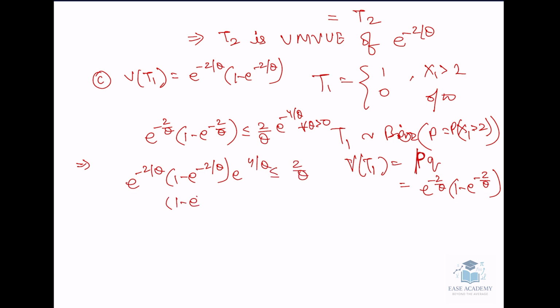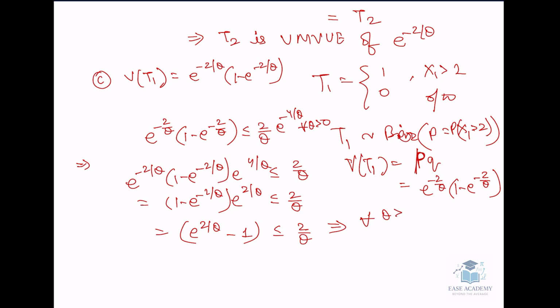That is 1 minus e to the power minus 2 by theta times e to the power 2 by theta less than or equal to 2 by theta. That means e to the power 2 by theta minus 1 less than or equal to 2 by theta. That implies, since we have to check for every theta greater than 0, let us check for theta tending to infinity, for large theta.